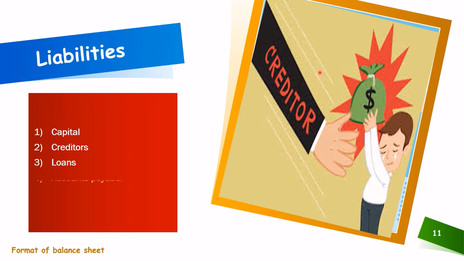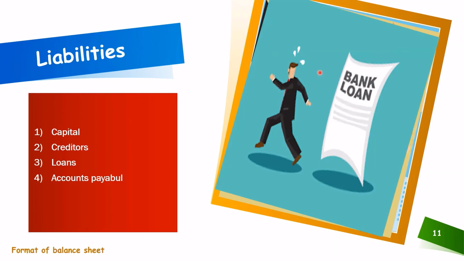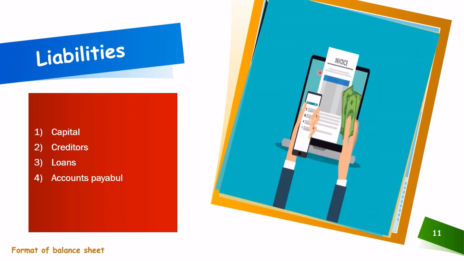And next we are liable to pay our loans, and accounts payable. Accounts payables are nothing but credit purchases of goods. If you purchased goods on credit, we are liable to pay the amount. That part we call accounts payable. Based on the invoice we have to pay the amount.